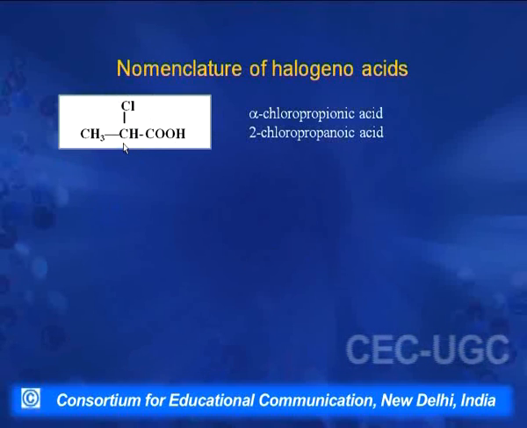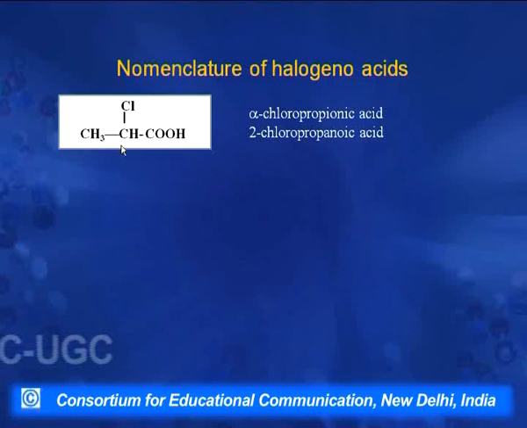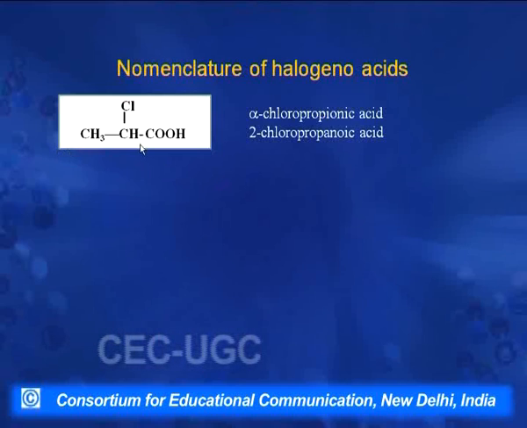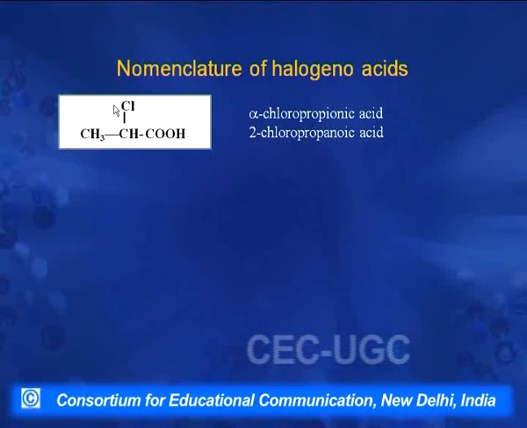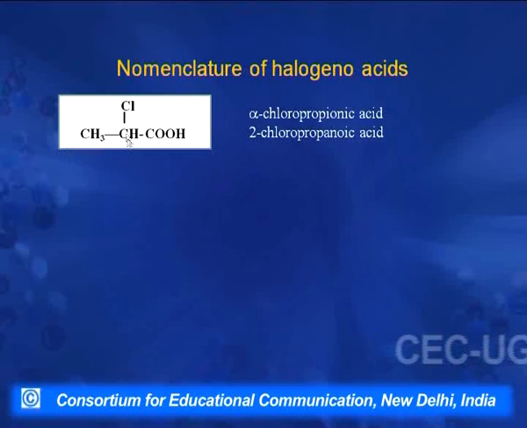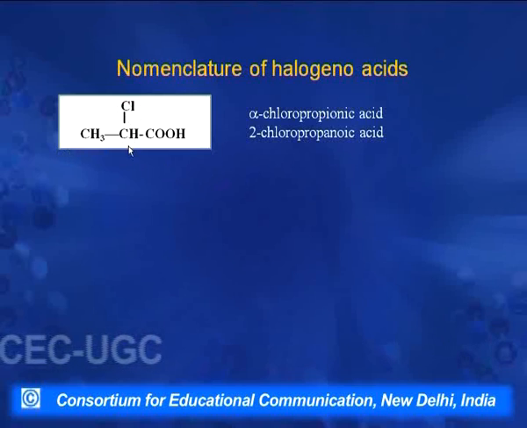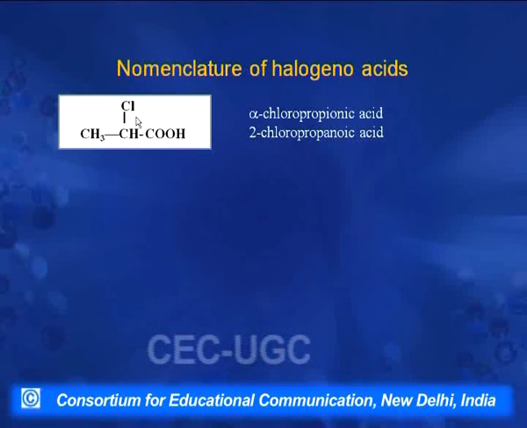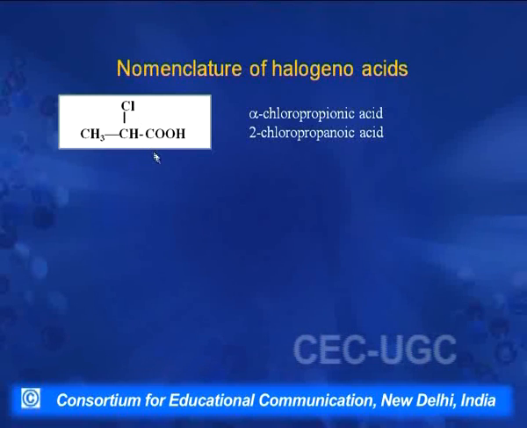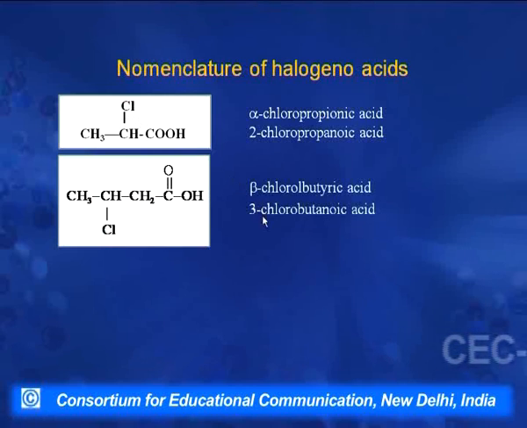So, according to the common system, it is alpha chloropropionic acid, because there are 3 carbons in the chain, and according to the IUPAC system, it is 2-chloropropanoic acid. Suppose instead of chlorine it is hydroxyl, then it will become 2-hydroxypropanoic acid. If it is amino, then it will be 2-aminopropanoic acid, and so on.